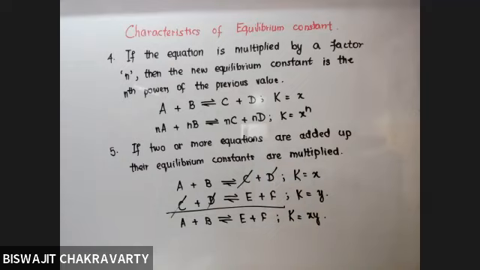So if reactions are added, equilibrium constants are multiplied. If reactions are subtracted, equilibrium constants will be divided. Understood? Yes, sir. Okay.